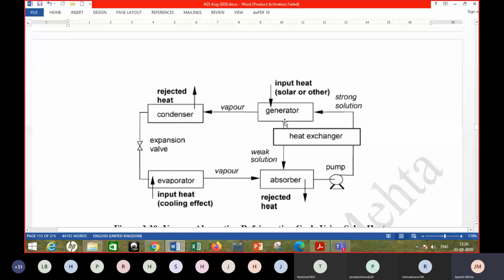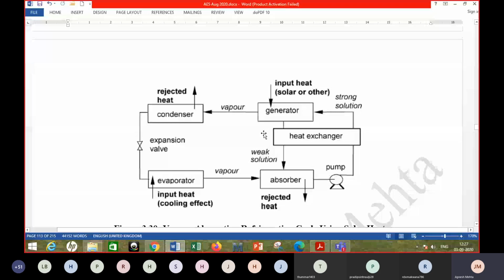So it gets heated in the heat exchanger by recovering heat from this solution, which anyway needs to be cooled here. So it's always a good idea to put a heat exchanger between these two streams of the solution.